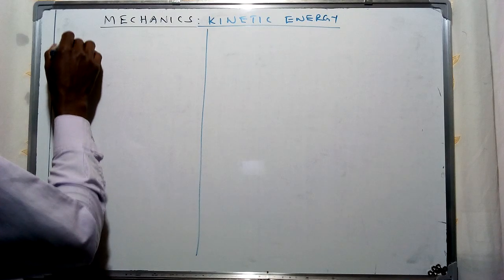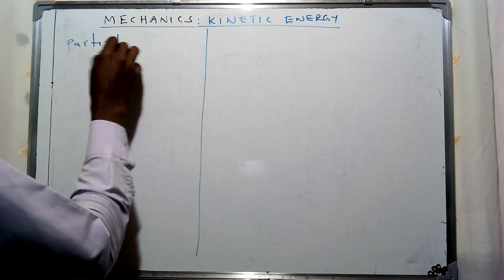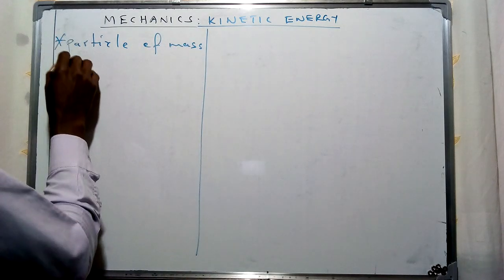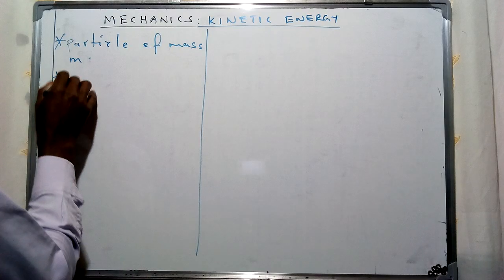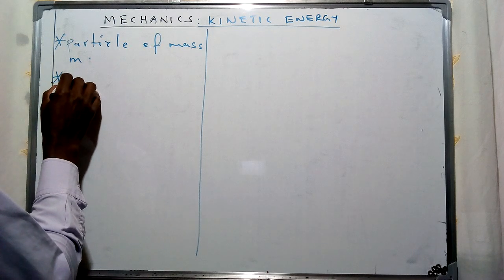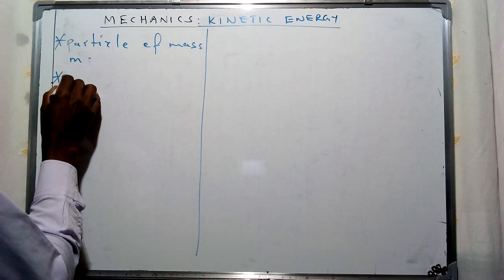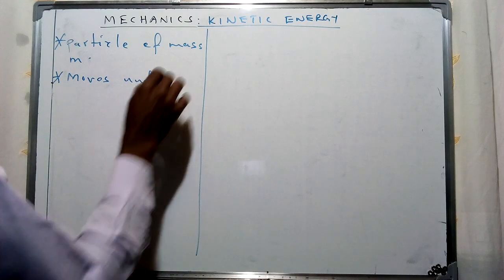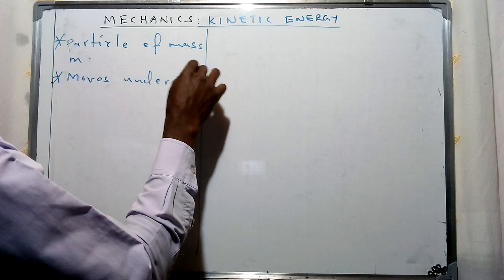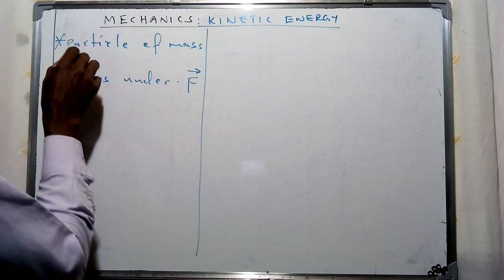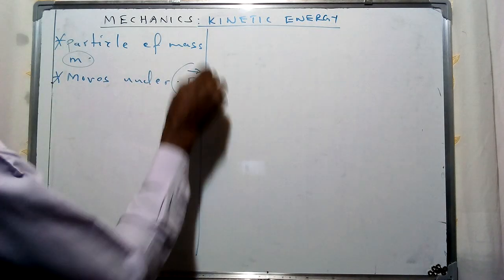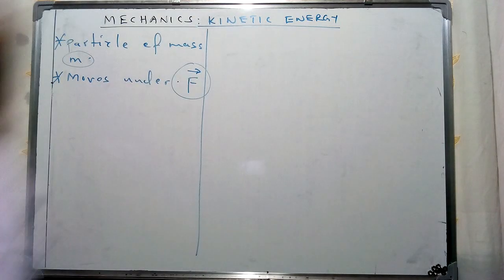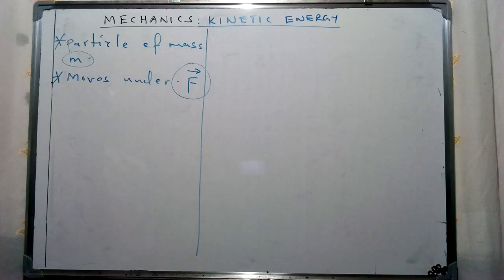As I've said, a particle of mass m is going to be moving under the influence of a force given in terms of F, so this is going to be a vector quantity. So kindly take note of these particular initials which we are going to use. They are going to assist us in our final case in trying to represent this aspect of kinetic energy.